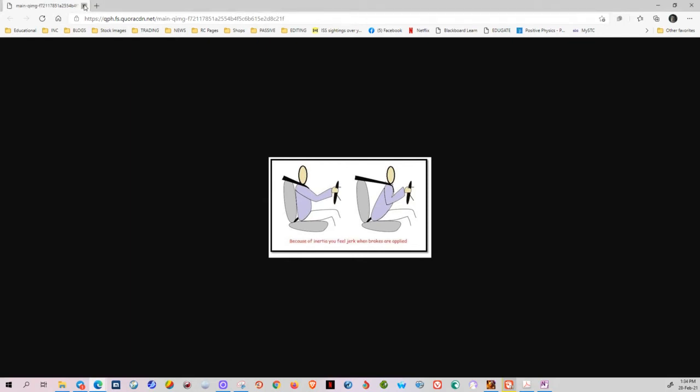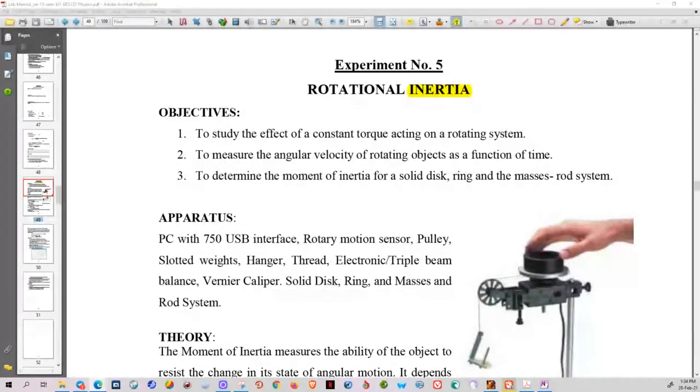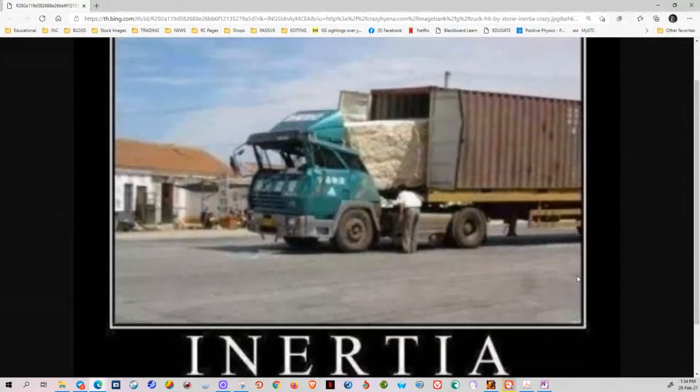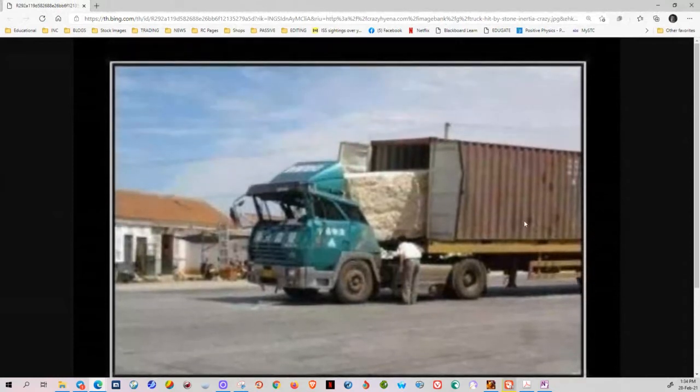Let me show you another image of an object where inertia is actually playing a big role, okay? And this one is actually quite interesting. You see there is a big truck, and inside the big truck there is a rock, okay?